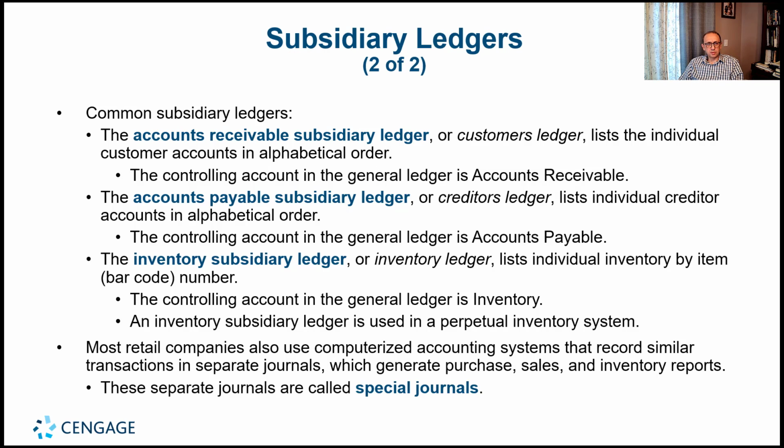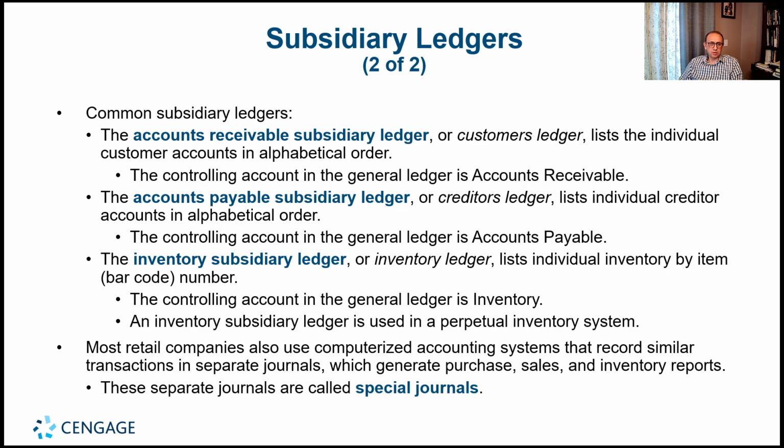The accounts receivable subsidiary ledger, or customer ledger, lists the individual customer accounts in alphabetic order. So we have all our customers and we just go by alphabetic order. The controlling account in the general ledger is what we call accounts receivable. For the accounts payable subsidiary ledger, sometimes called the creditors ledger, because these are people we borrow from and have to pay in the near future, these are our suppliers or vendors. They list the individual creditor accounts in alphabetic order.